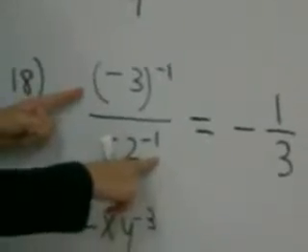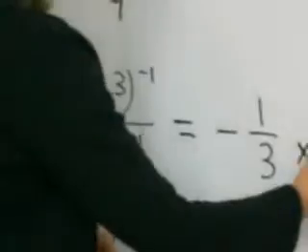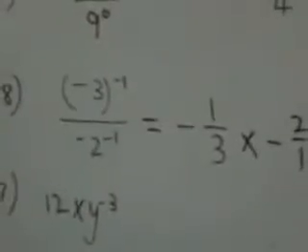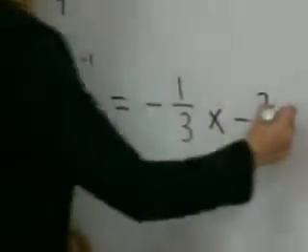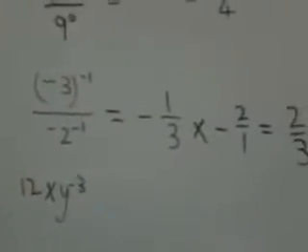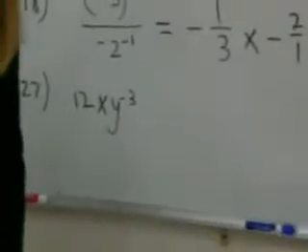It's a double negative. That makes it positive. So this one is going to be minus 2 over 1. And there's a negative and a negative here. So multiply those two, and then we get 2 over 3. And it's positive 2 over 3 because there's a negative and a negative. Okay, positive 2 over 3.